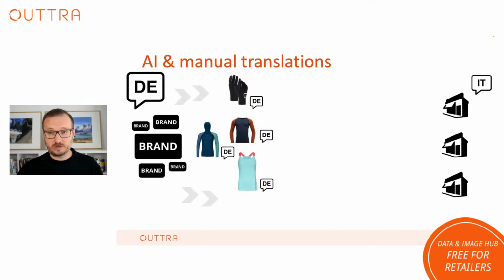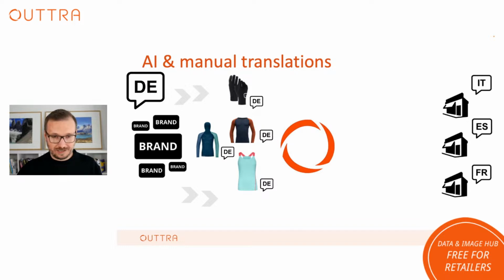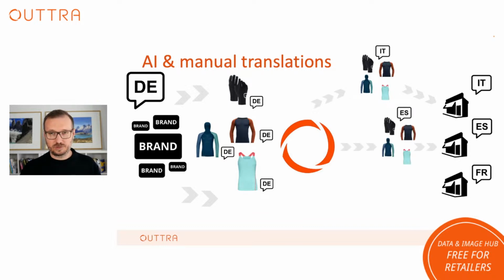For example, retailer 1 is an Italian retailer, retailer 2 is a Spanish retailer, retailer 3 is a French retailer. They all need their product data and information in their language. So we can translate this product data to Italian for the Italian retailer, to Spanish for the Spanish retailer, and to French for the French retailer.